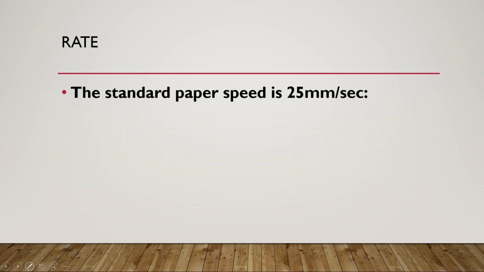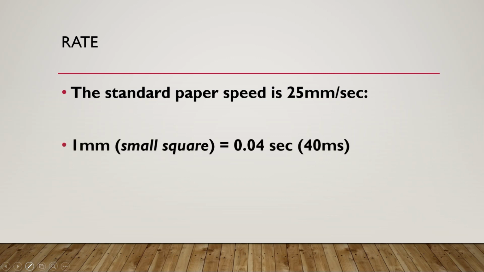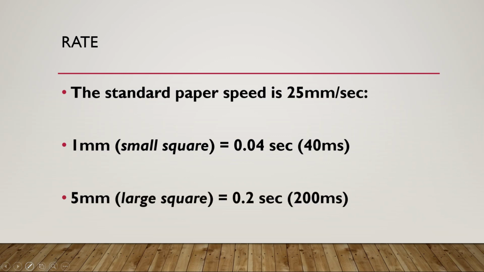A standardized ECG should have a speed of 25 millimeter per second. One small square on an ECG paper is equal to 40 millisecond or 0.04 second. Similarly, one large square which includes 5 small squares is equal to 200 millisecond or 0.2 second.